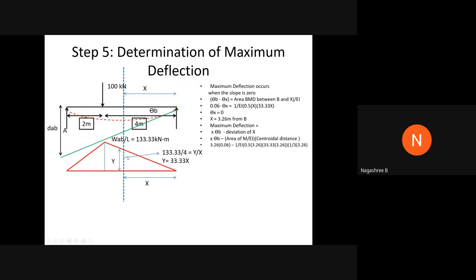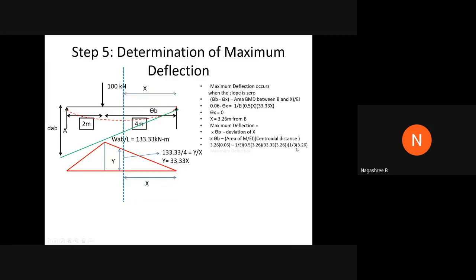From the blue line to the centroid of the triangle, it is one third of the base. The base is x, so it is one third of 3.26.